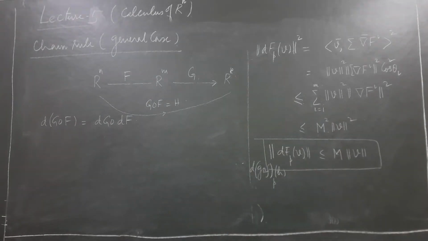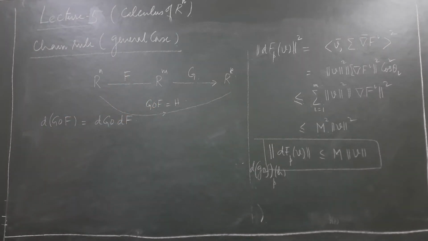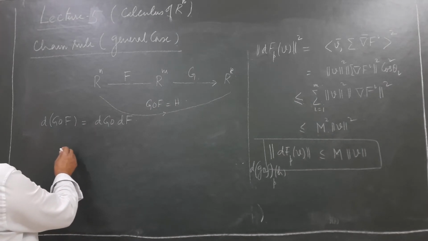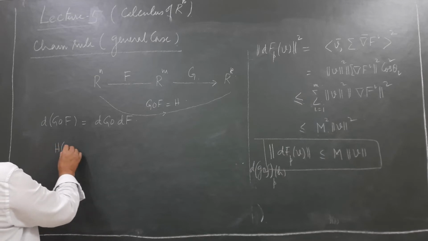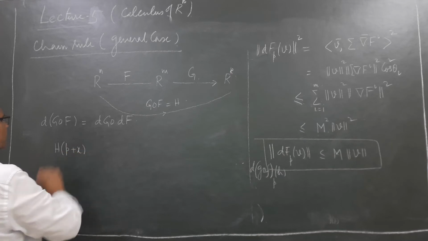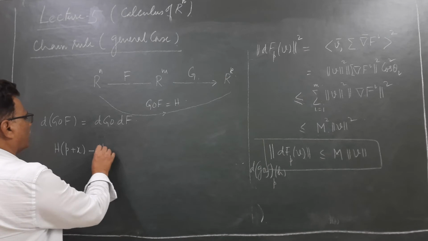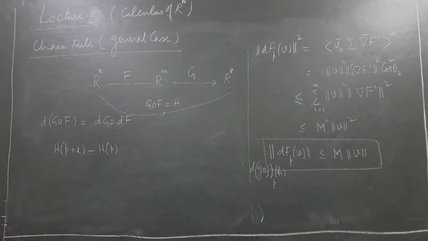Okay, same thing you had for the one variable case also, and this will happen at every point wherever both of them are differentiable. Okay, so let us start with h of p plus x, minus h of p. Okay, h means g composition f.